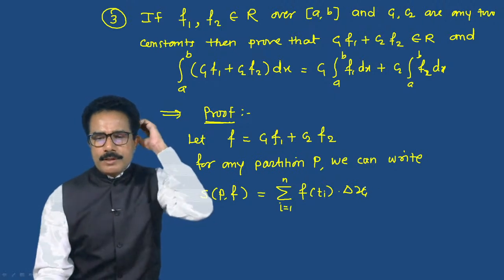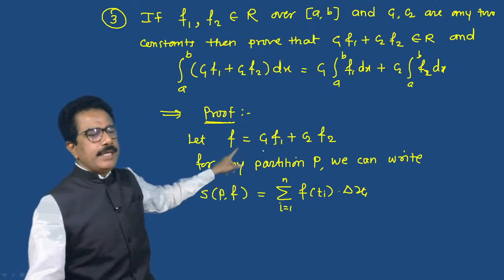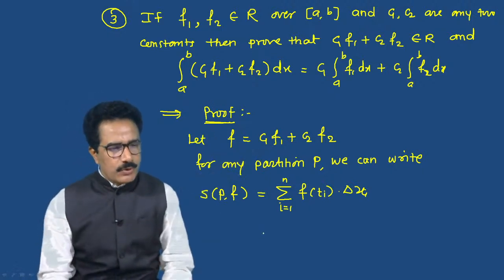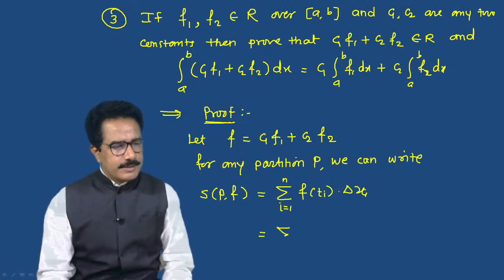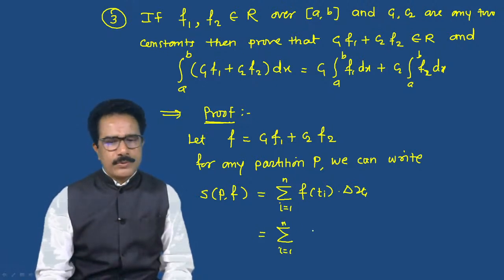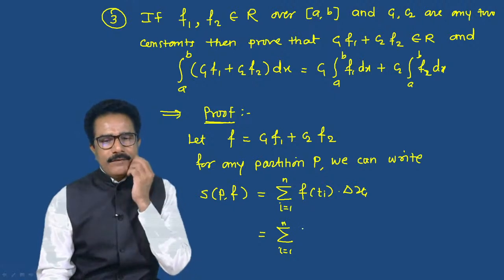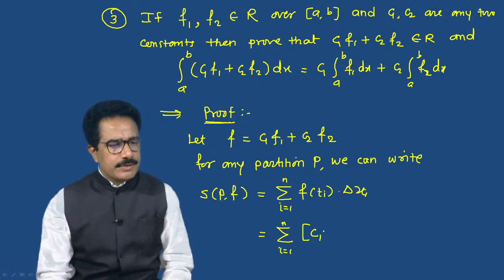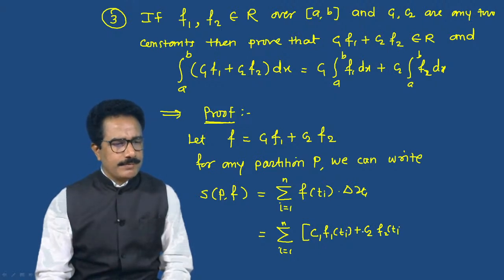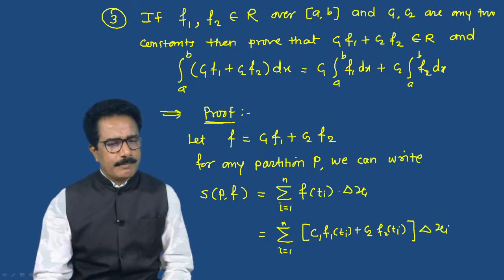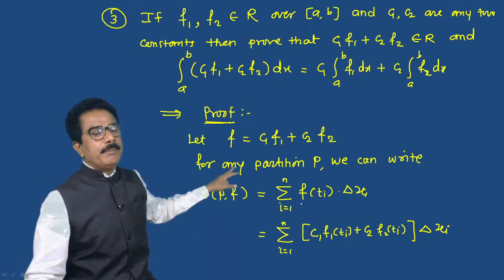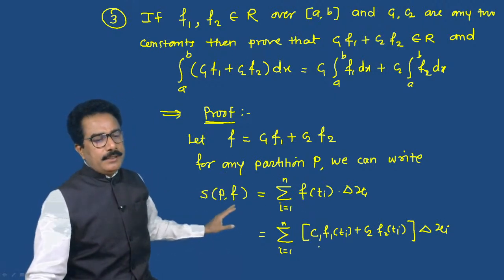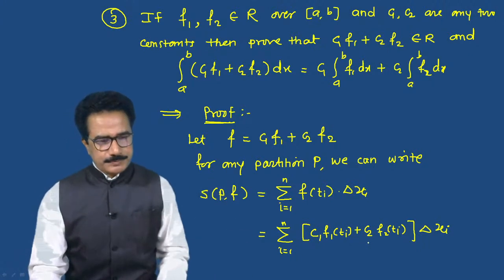Okay, so f means what? Actually f means C1 F1 plus C2 F2, so we can write this as summation i is equals to 1 to n, C1 F1 of Ti plus C2 F2 of Ti into delta Xi, because in place of F we have replaced C1 F1 plus C2 F2.